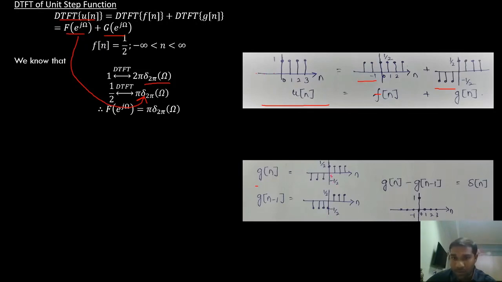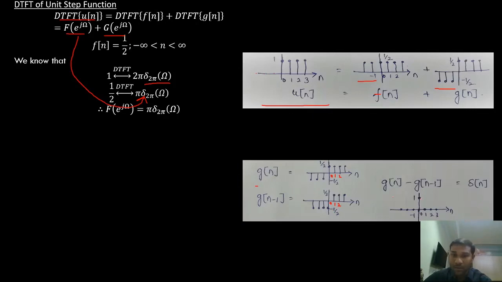This is 0, this is 1, this is 2. I'm going to just shift it. Now what I'm going to do, I'm going to take a difference of g of n and g of n minus 1. So g of n minus g of n minus 1.